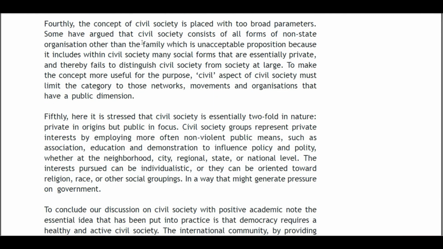Some have argued that civil society consists of all forms of non-state organization other than the family, which is unacceptable because it includes within civil society many social forms that are essentially private, and thereby fails to distinguish civil society from society at large. To make the concept more useful, the civil aspect of civil society must limit the category to those networks, movements, and organizations that have a public dimension.